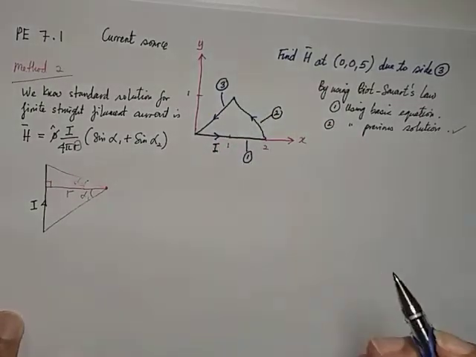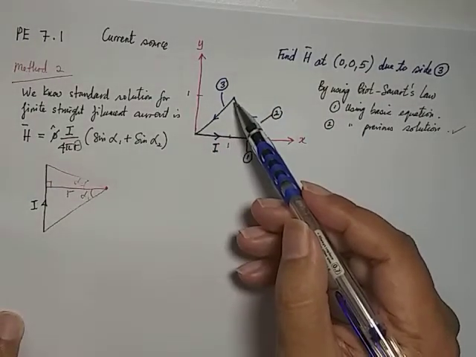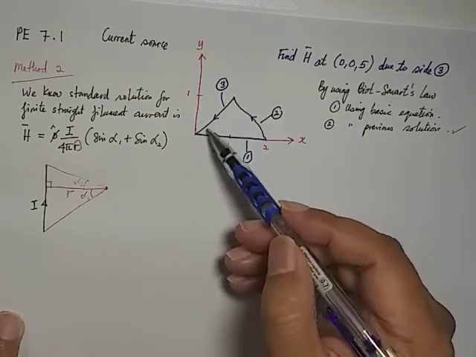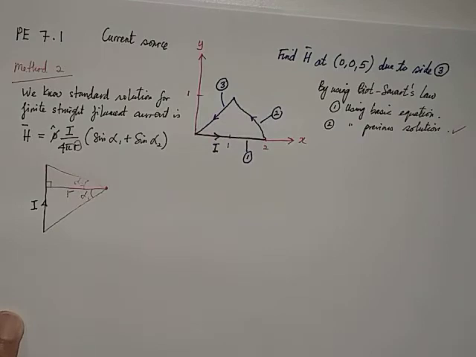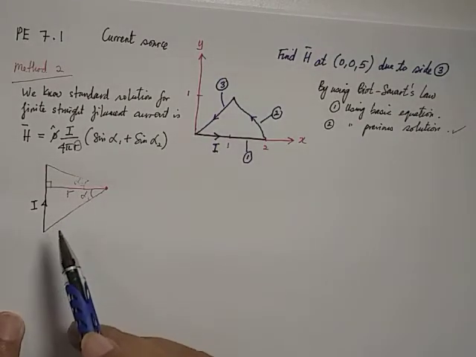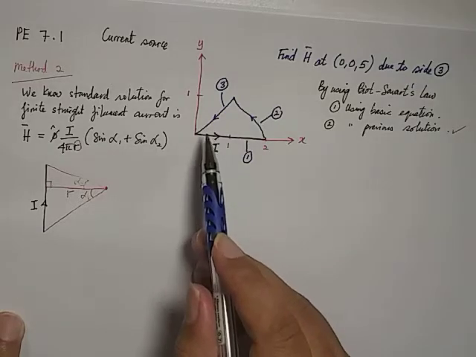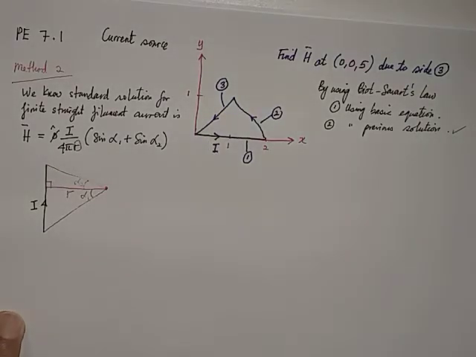We just want to find H at this location due to this side of the triangle. So I'm going to draw the diagram related to this problem, and I have to make it in 3D now.